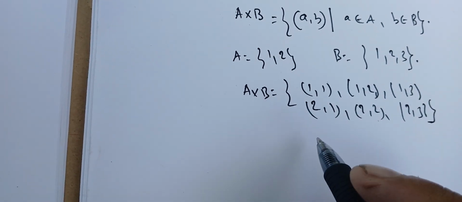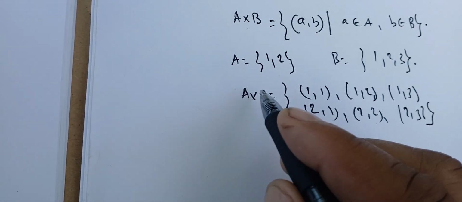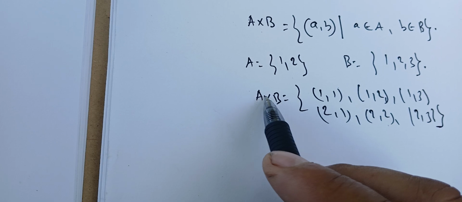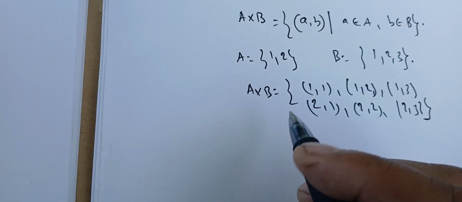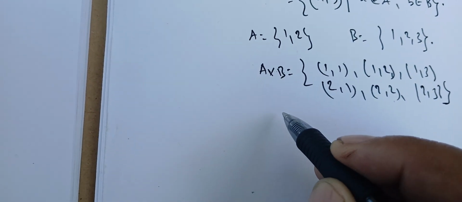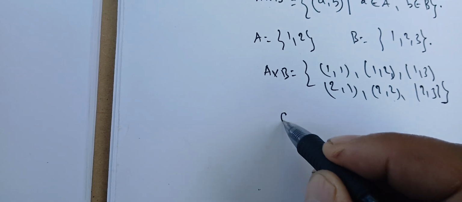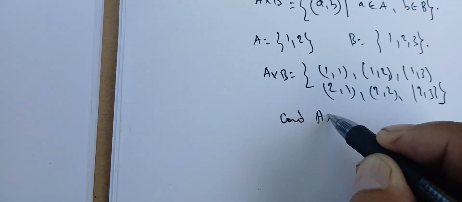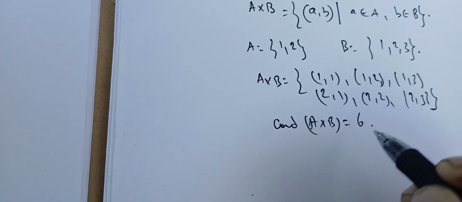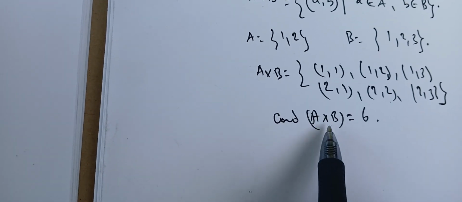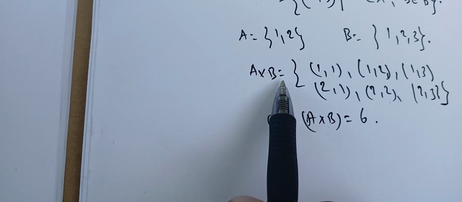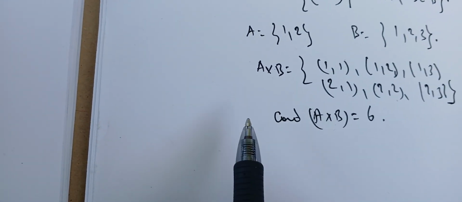If we count the number of elements in this new set A cross B, we see that the cardinality of A cross B is 6. So here we have 6 elements in this set.